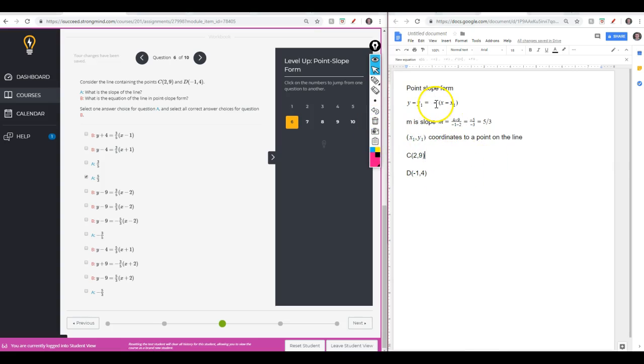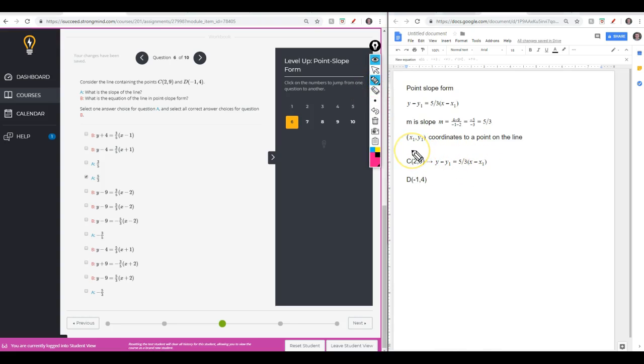So now we're going to be replacing wherever you see m in point-slope form. We're going to replace that since our m is our slope and we found that to be 5/3. Now we have 2 given points, so we're going to use those 2 given points for our coordinates.